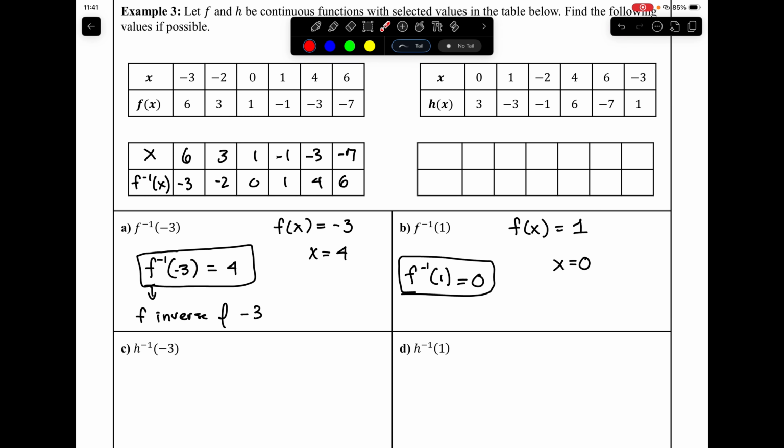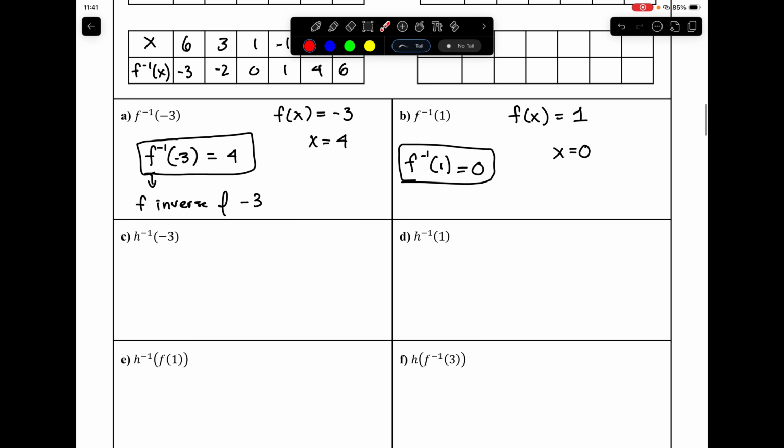So let's look at the next example. Here we have the table for h. We want to get the inverse of h and figure out what h inverse of -3 equals. Remember that figuring this out is the same thing as solving the equation: when does h of x equal the output value of -3?